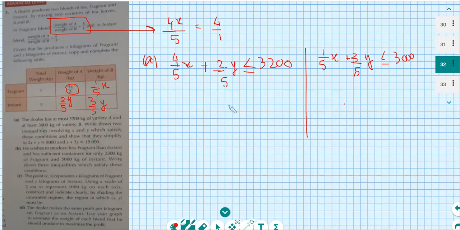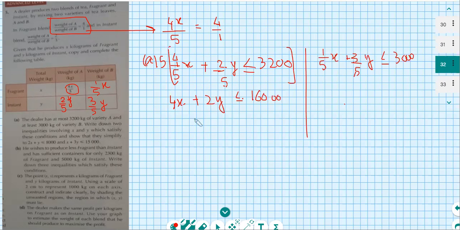Okay, simplifying it, take LCM as 5, or multiply the whole inequality by 5. So 5 cancels, and we get 4x plus 2y less than or equal to 5 into 32, which gives you 16,000.